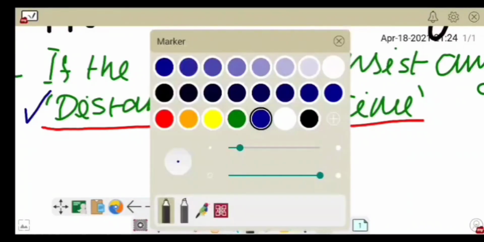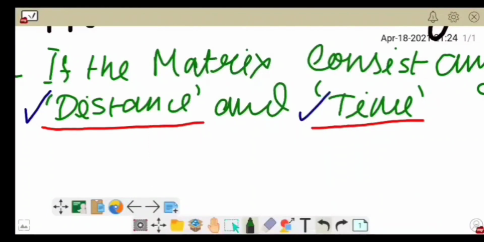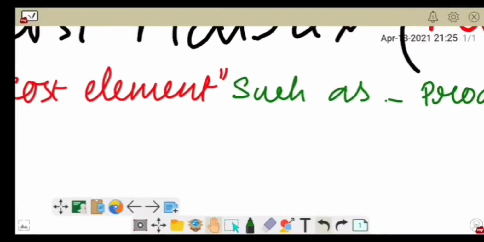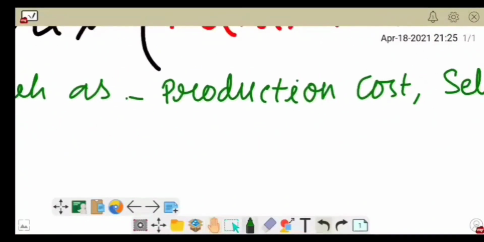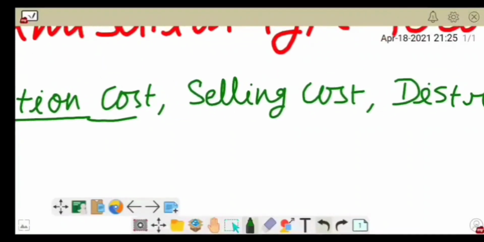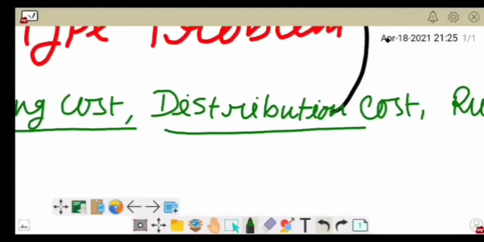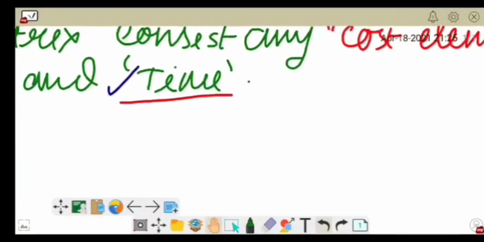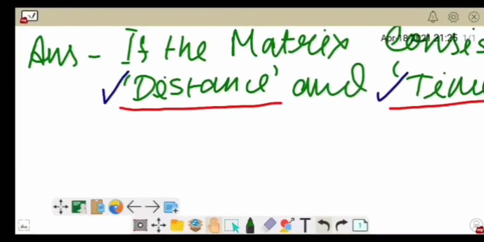Okay, and in that case you will apply directly Hungarian method. So how many kinds of cost element? There is production cost, selling cost, distribution cost, running cost, and the most important terms are distance and time.